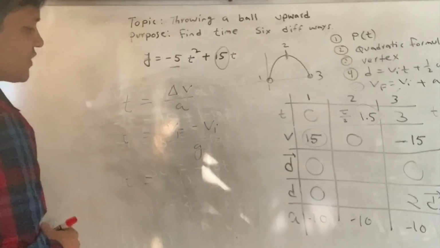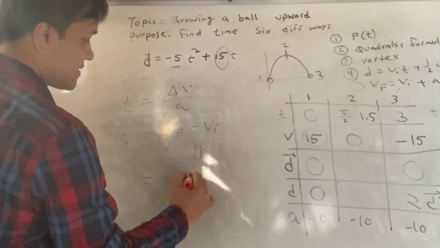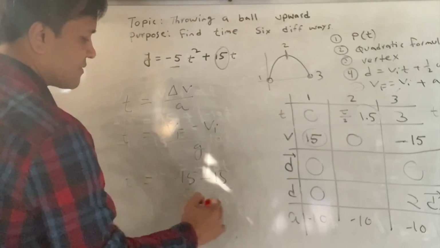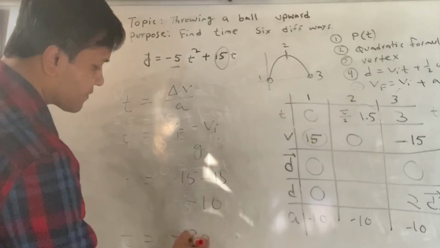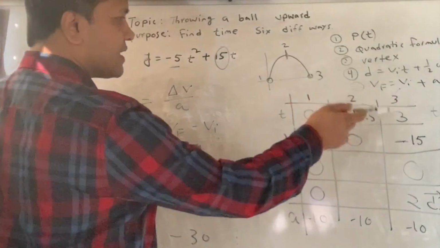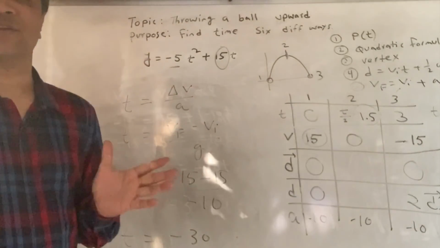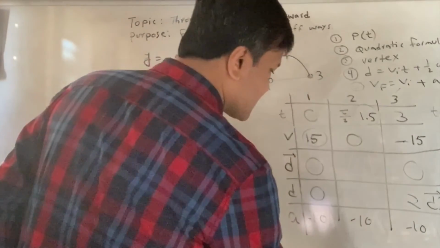So t is equal to Vf, which is negative 15, minus Vi, which is positive 15, over negative 10. So t is negative 30 over negative 10. So t is equal to 3.